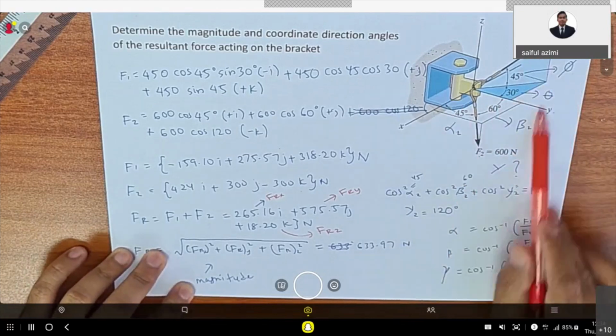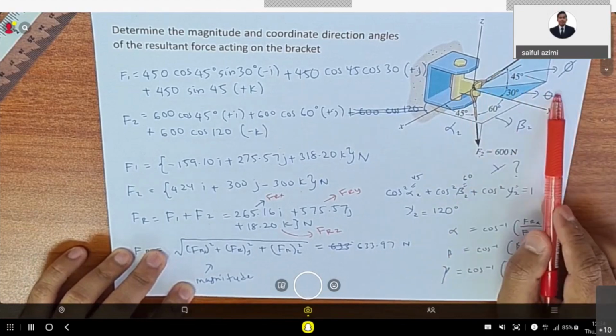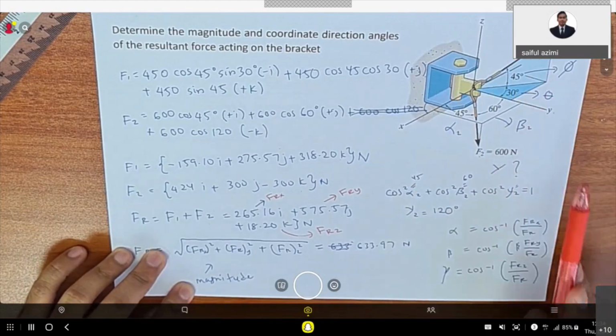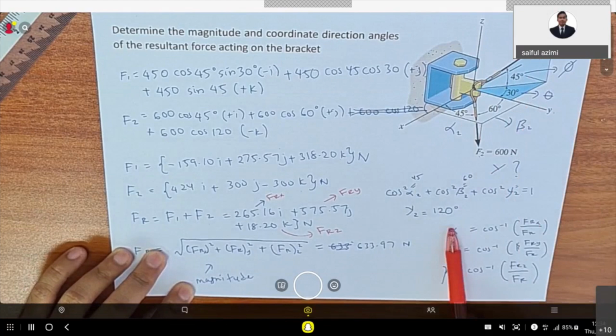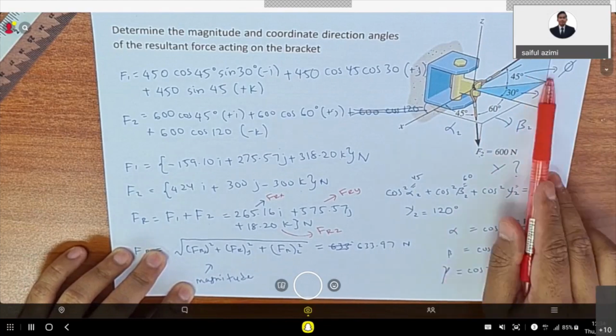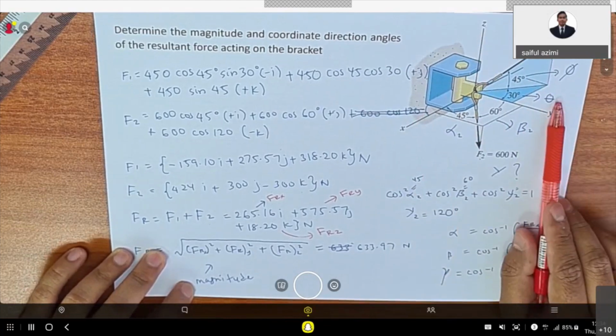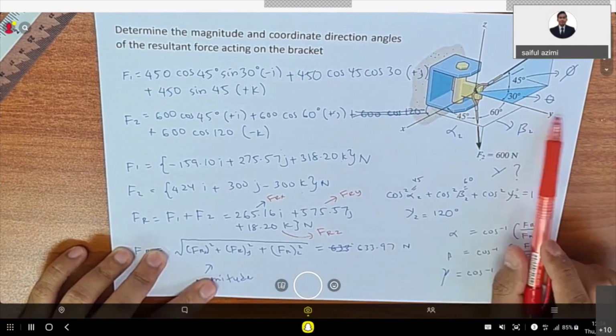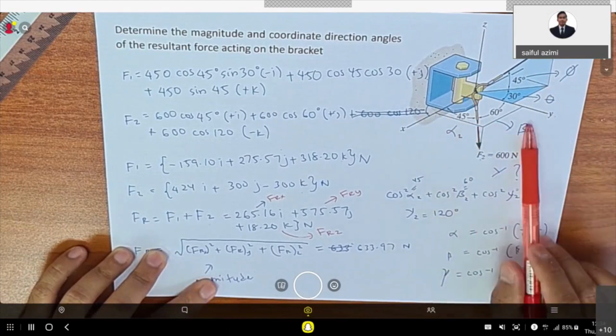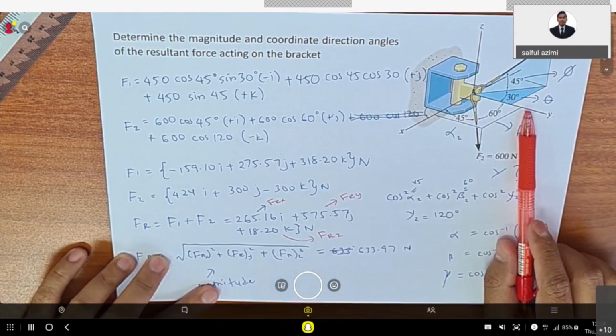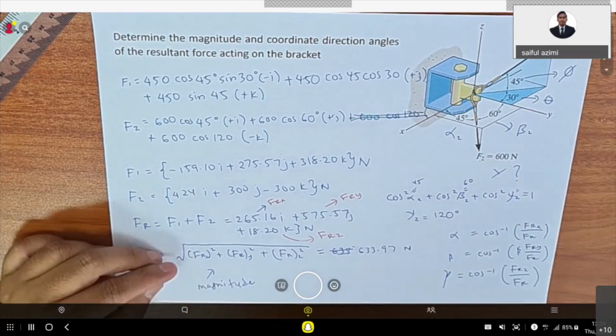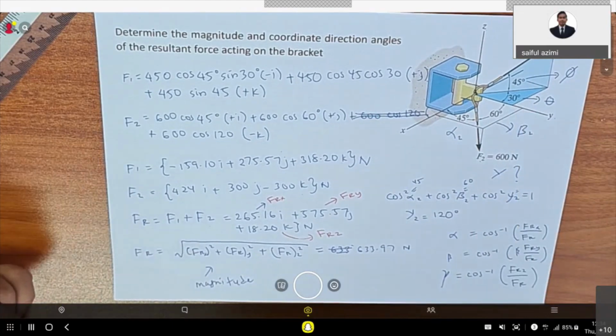Is the figure suitable for 2D or for 3D? 3D is alpha, beta, and gamma. So you need to take a look at your question, the force system that is already given, and identify which one is more suitable. Okay, do you understand this example?